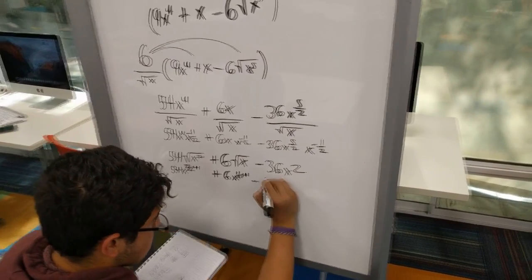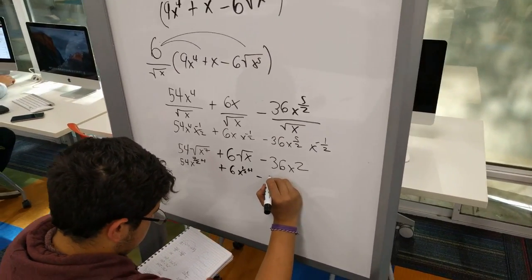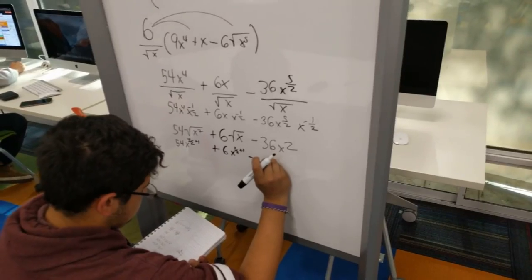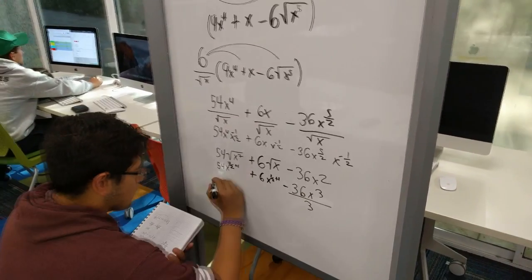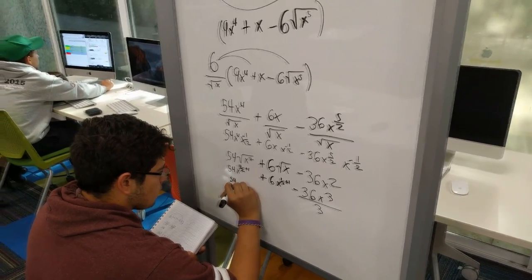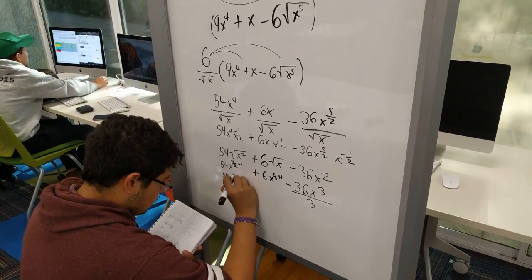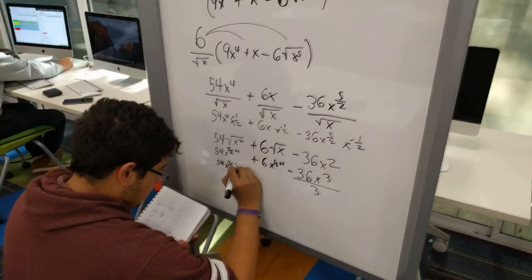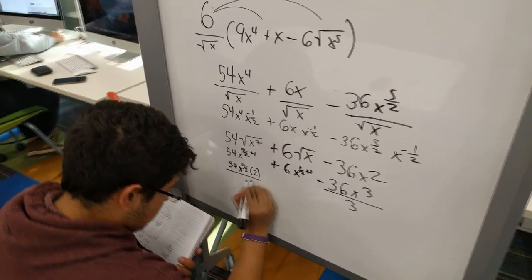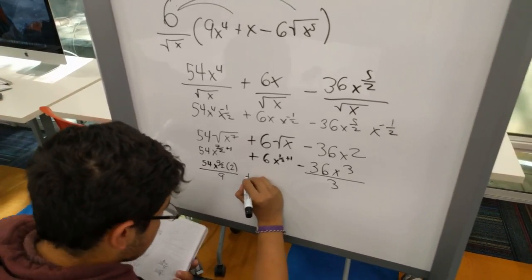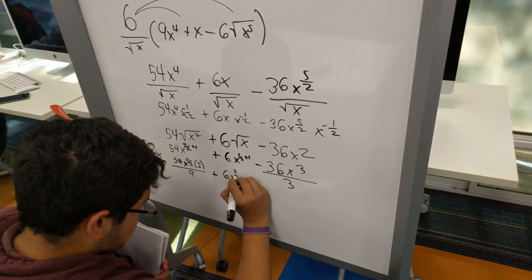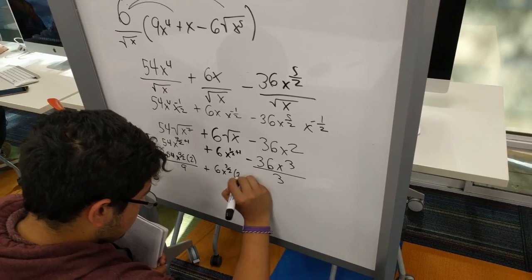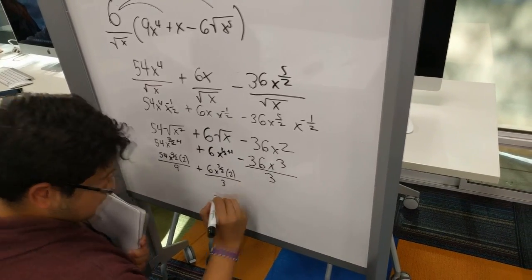Then you divide each term by its new number. So the answer will be 54x to the 9/2 times 2 all over 9, plus 6x to the 3/2 times 2 all over 3, minus 36x cubed all over 3.